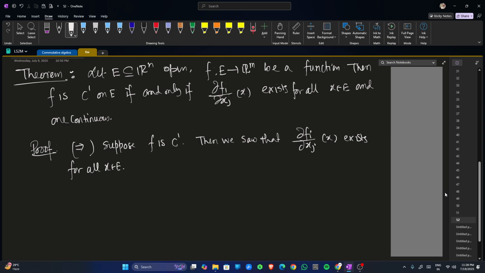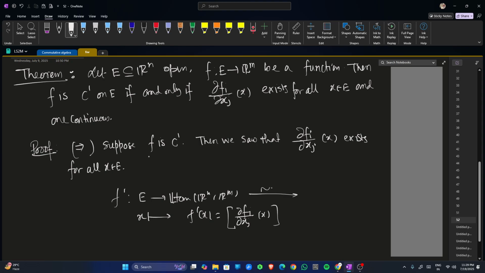There are several ways to prove that. f prime is a mapping from R^n to R^m. What is f prime? Given an x, it sends x to f prime x. This is a matrix where the elements look like this.